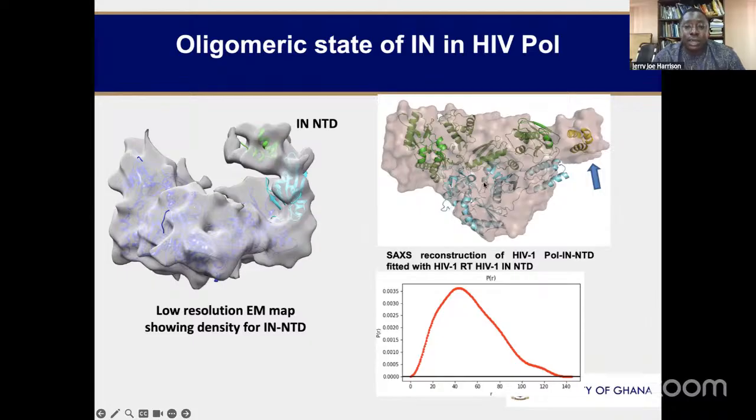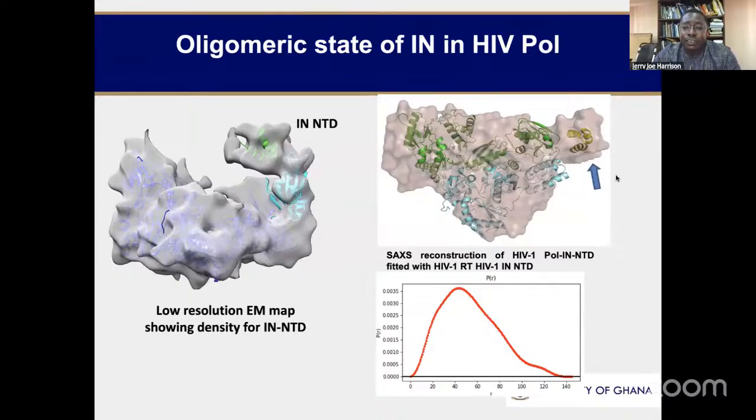Using small angle X-ray scattering, we could also confirm that this is likely the NTD of the integrase of one of those domains. So we're very excited that we could see some part of the integrase, even though we couldn't tell what oligomeric state it is in. At least it clearly tells us that the protein is intact, and that we have gained some insight into what is happening.